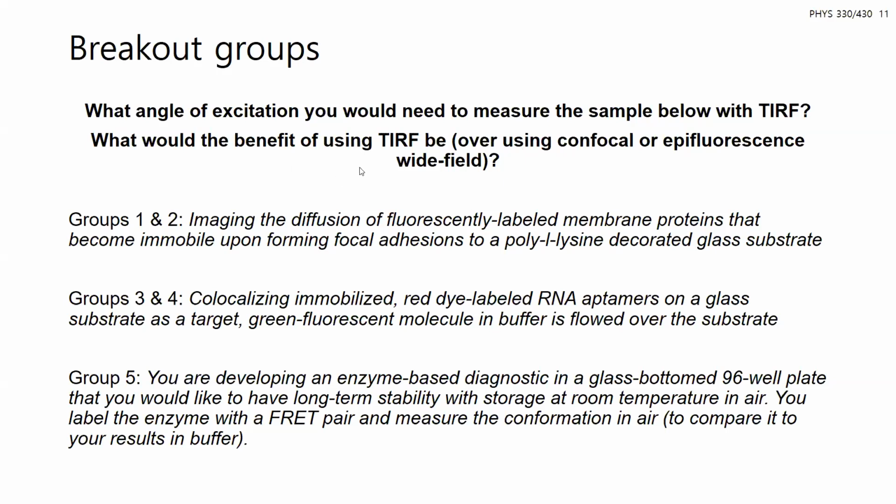And then what did you guys come up with for the benefits of using TIRF? So what we found is that TIRF is really good for visualizing membrane processes, like cell adhesion to surfaces. Mm-hmm. So that's why you don't want to go deep into the imaging, beyond that 100 to 200 nanometers deep.